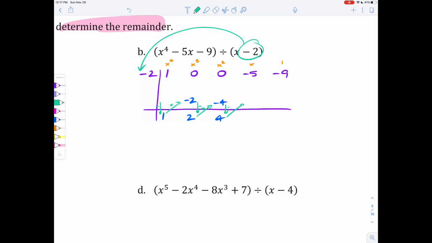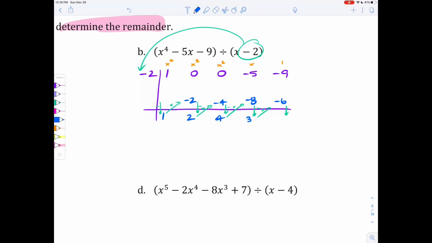To go up, multiplication. 4 times negative 2 is negative 8. To go down is subtraction. Negative 5 minus negative 8 is positive 3. To go up is multiplication again. 3 times negative 2 is negative 6. And to go down is subtraction.